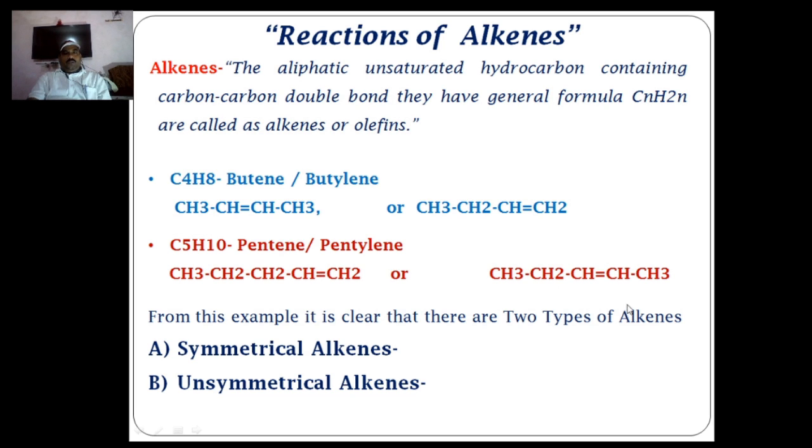Now in this case, both alkenes are unsymmetrical alkenes because of the symmetry around the double bond.